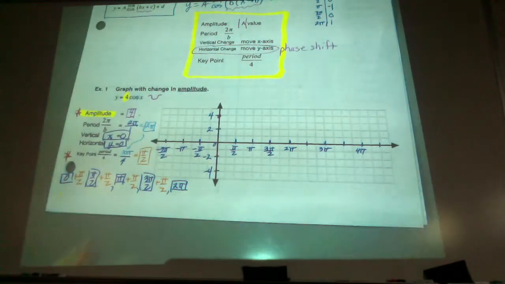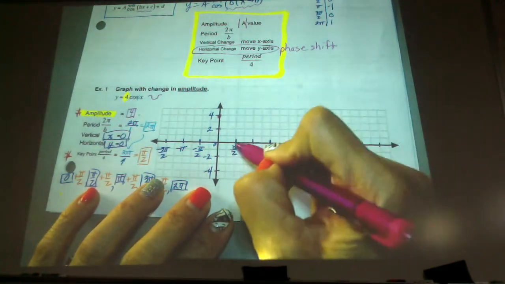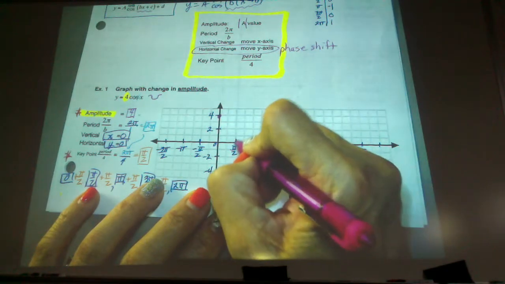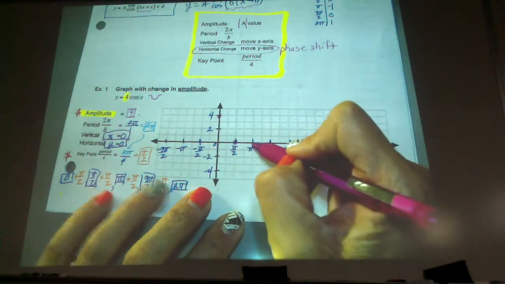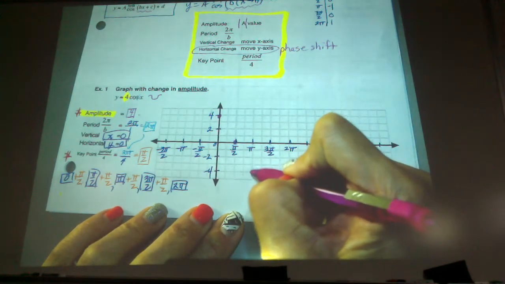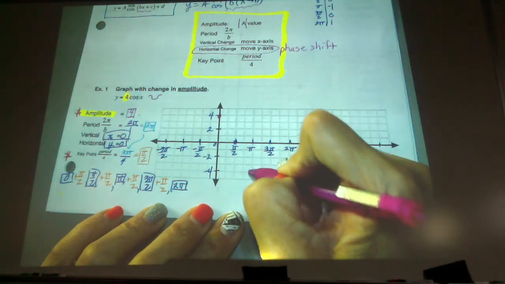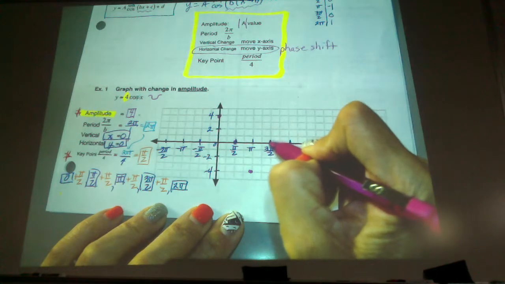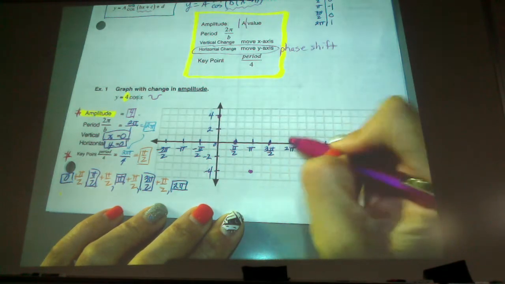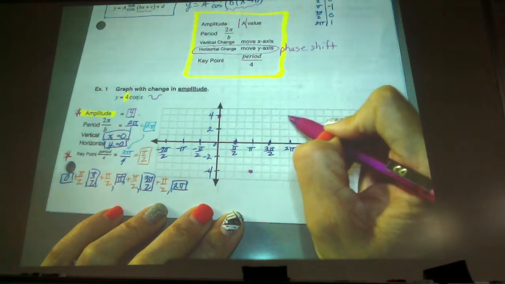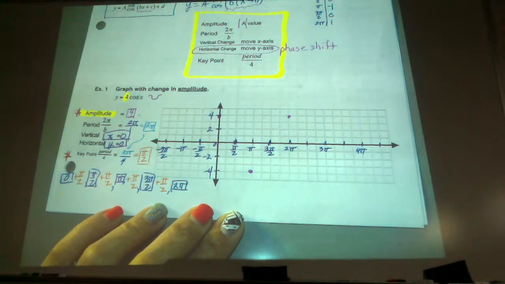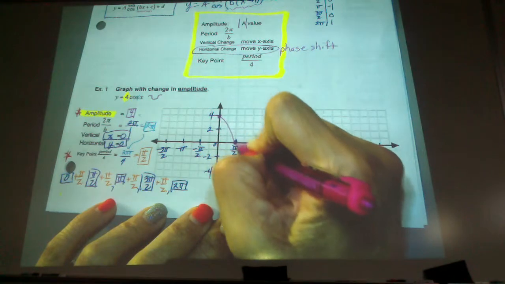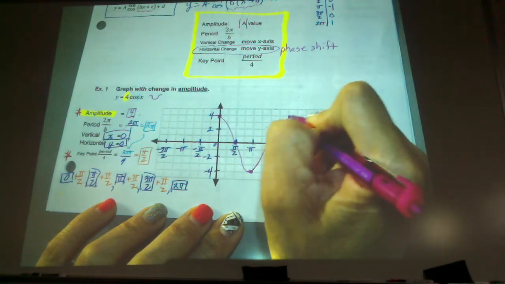So we're going to start that pattern here. We started up. The next key point, every other key point is always at 0, the x-axis. So I go up, 0. Next increment is down to your amplitude of -4. Next increment is at 0. Next increment is up to your amplitude. As I alternate ups and downs, in between those are zeros. And then sketch that and look at it. Does that look like the graph of a cosine?